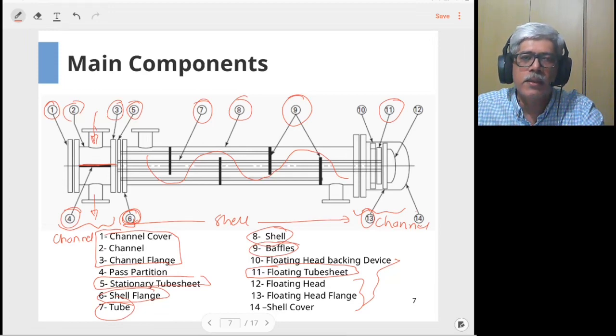This number could be very large, and in order to support this number of tubes, there are structural members known as baffles. These baffles do two functions. One is to support the tubes and the second is to regulate the fluid flow outside the tubes.